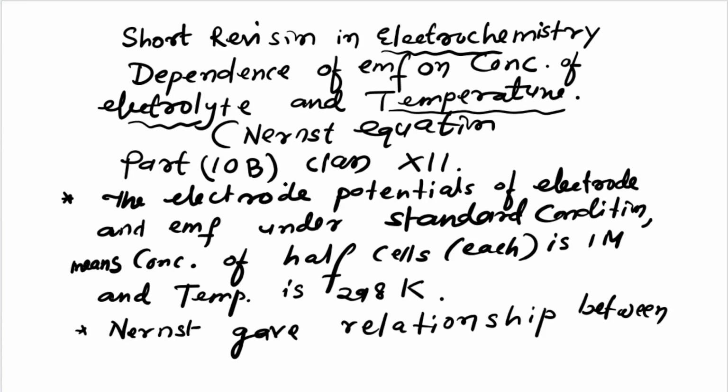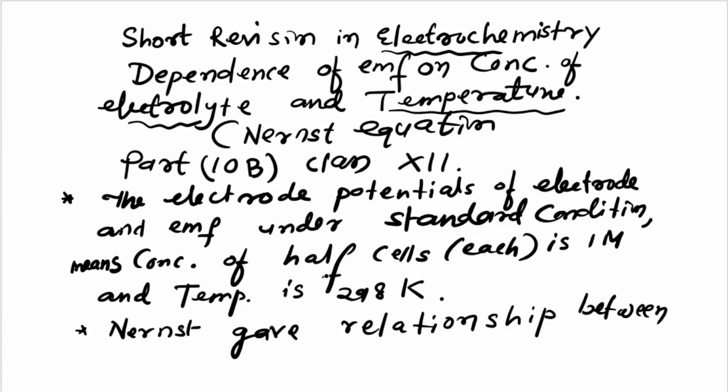In part 10a also, I have explained how the concentration of electrolyte is related to the EMF. Now, the electrode potentials of the electrode are defined at standard condition. What do we mean by standard condition? Here standard means E0, the standard electrode potential, and if it is a cell, then the standard electrode potential of the cell.